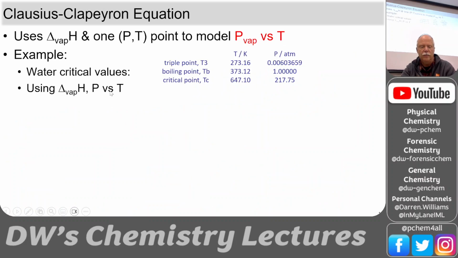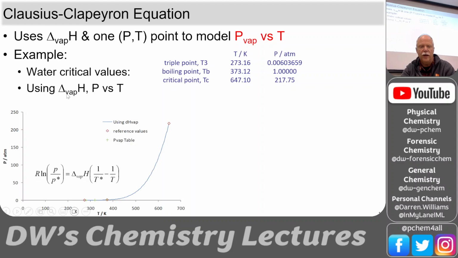So here's what it looks like if we don't take the natural log of that. The pressure in atmospheres goes up in an exponential manner, right? You can see very little change in the pressure from 273, very close to freezing, to boiling, but then it continues to go up to the critical point.